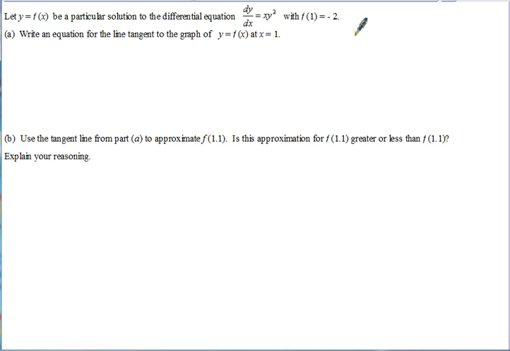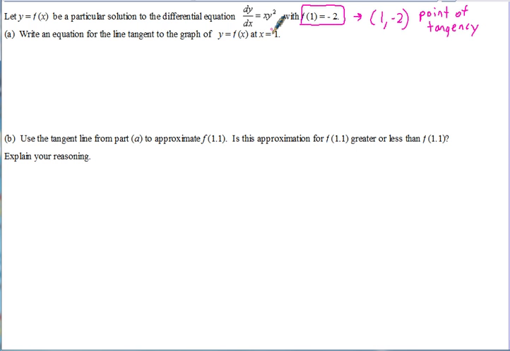So again, the two things we need for the tangent line are the point of tangency and the slope. Again, right here, f of 1 equals -2. We want the tangent line at x equals 1, so 1, -2, there's our point of tangency. But this time we don't have the slope. However, they do give us the derivative right here, dy dx.